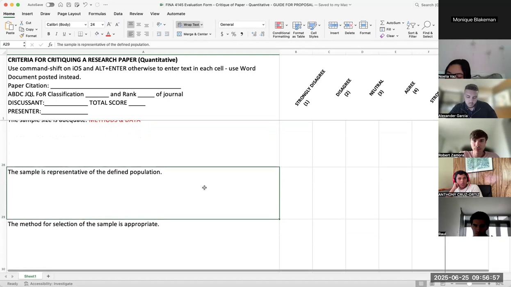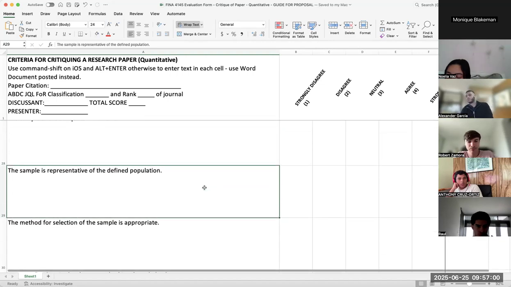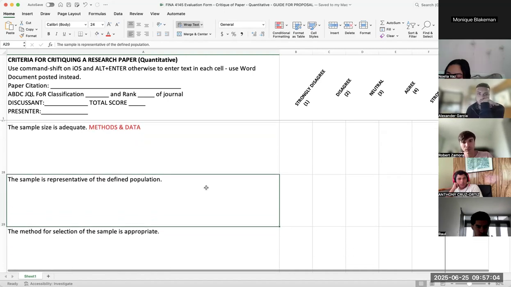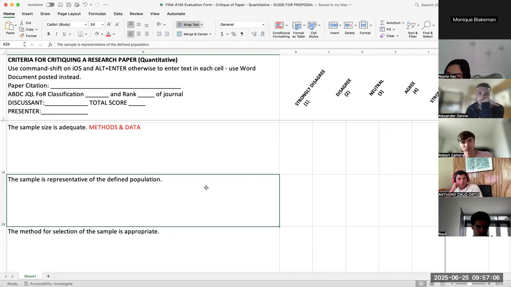The sample is representative of the defined population. So with finance data, because it's a time series, you can look at it over time. It depends if it's stock return or something like that.